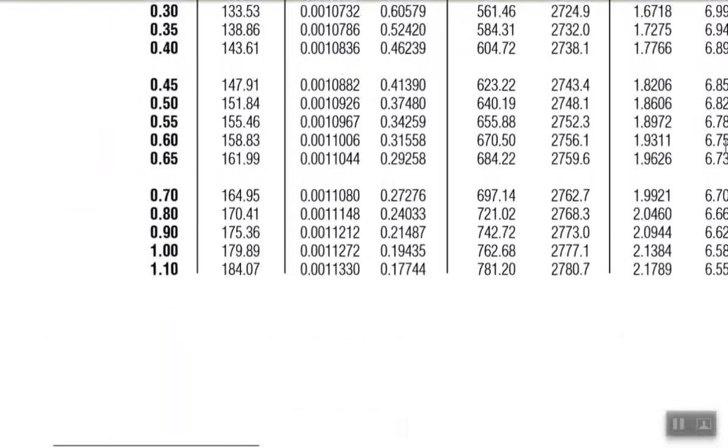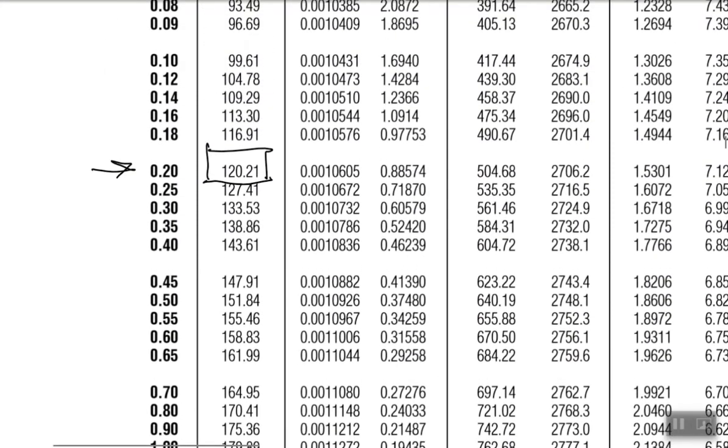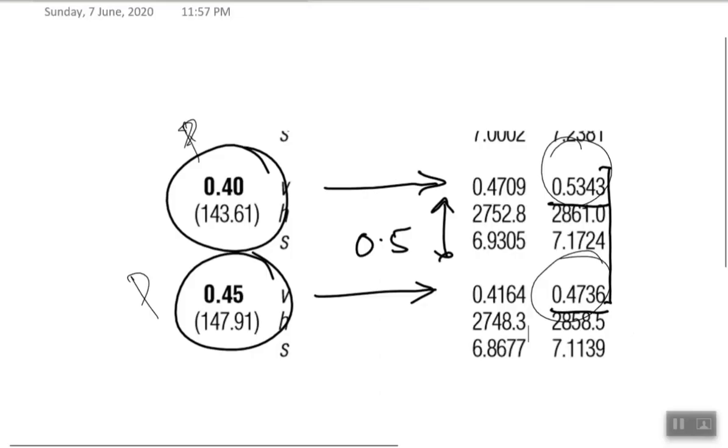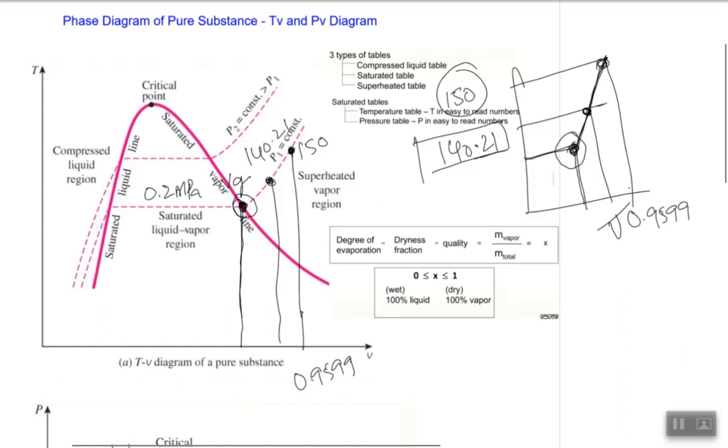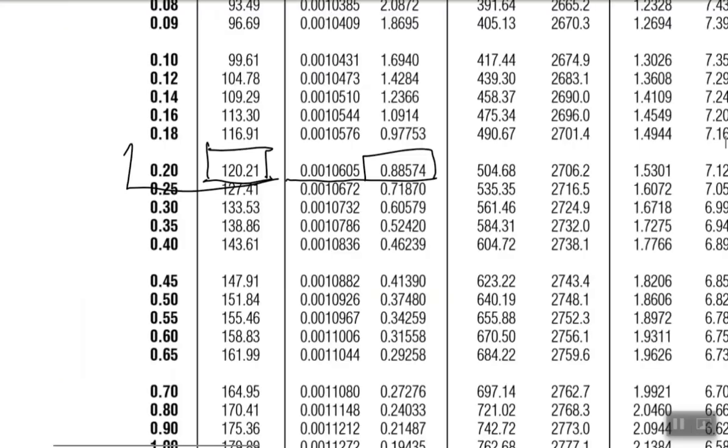At 0.2, the temperature is 120.21, and the value of Vg is 0.88574.